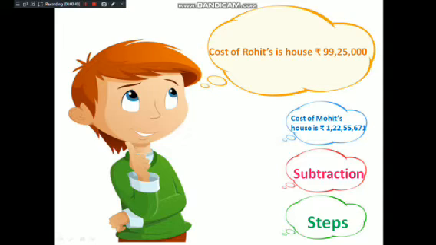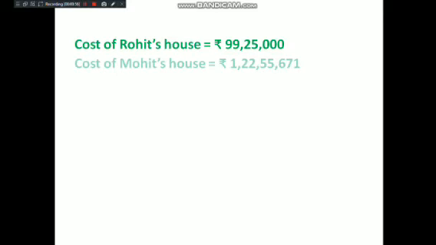To solve the problem, we have to make the statement or steps. The first statement is that cost of Rohit's house is equal to rupees 99,25,000. Second statement, cost of Mohit's house is equal to rupees 1,22,55,671.